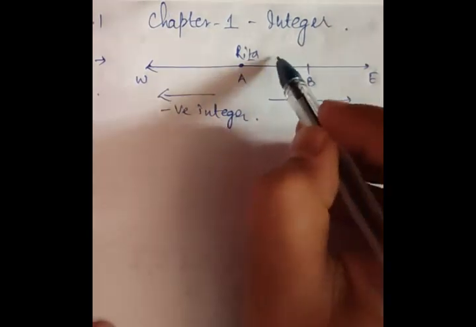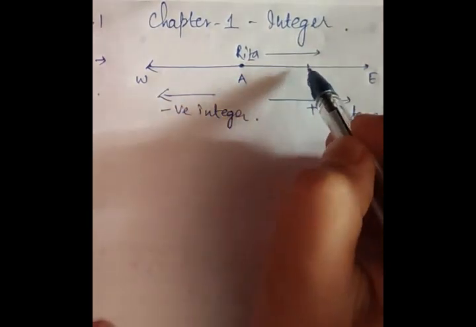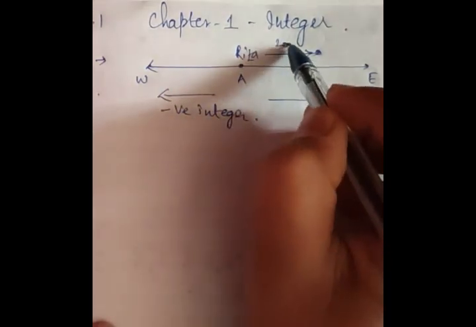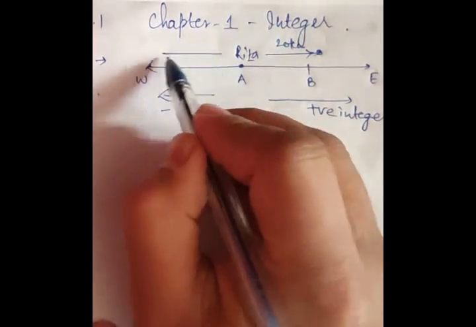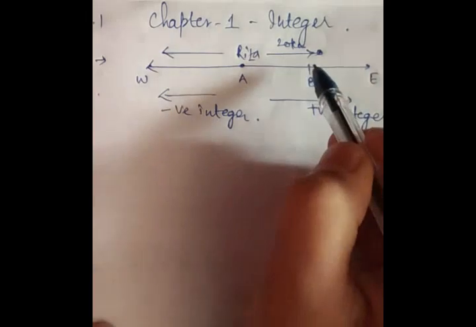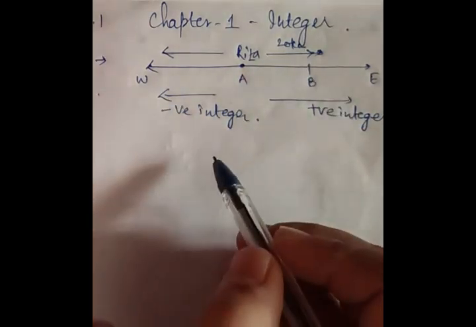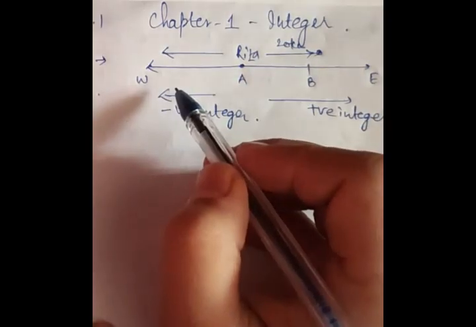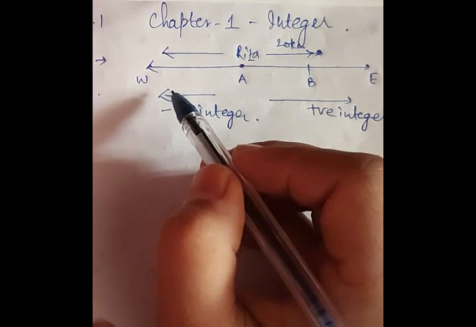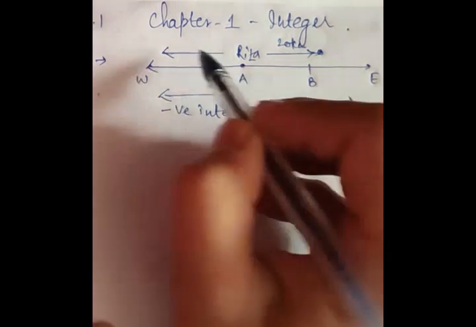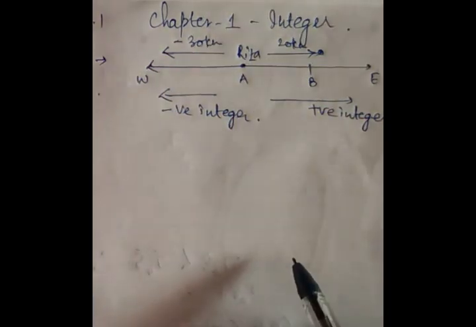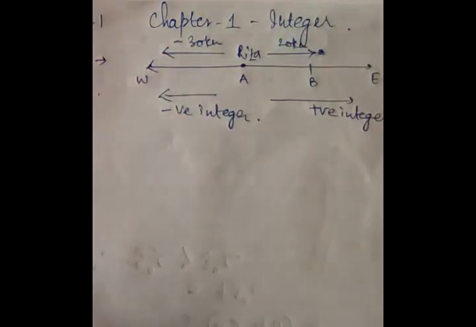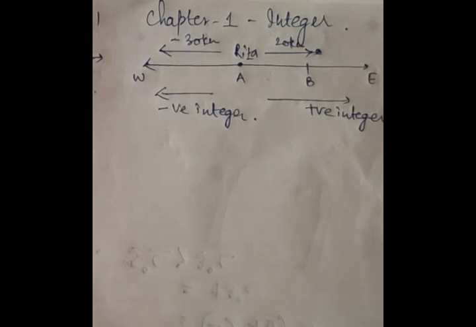Now Rita moves towards B, which is 20 kilometer east, and then moves towards west from that B. She moves 30 kilometer towards west along the same road, which is minus 30 kilometer, because it is on the negative side. So this is the overall idea of the question, and with this we will solve it.